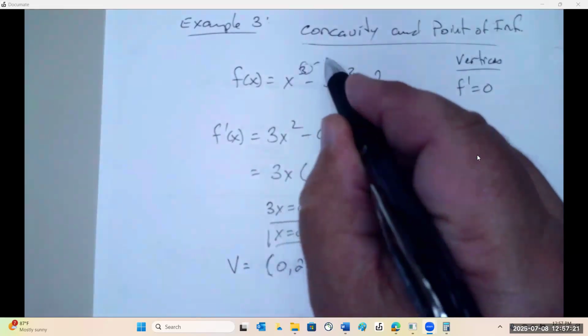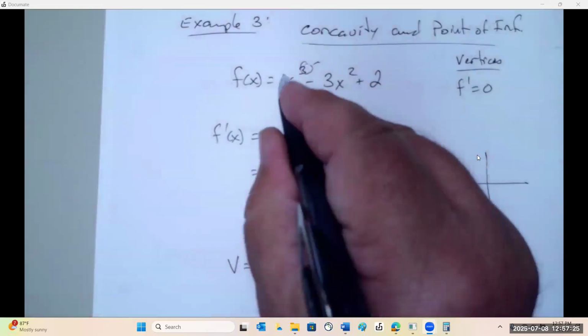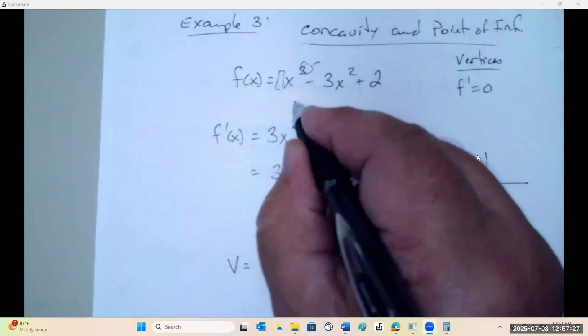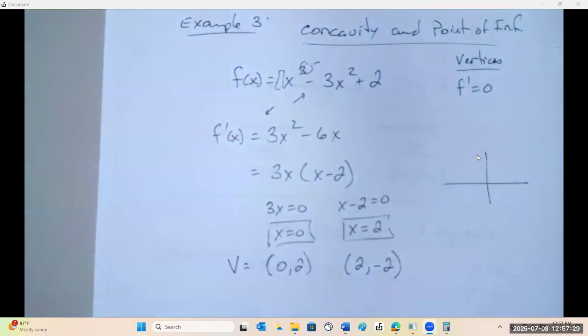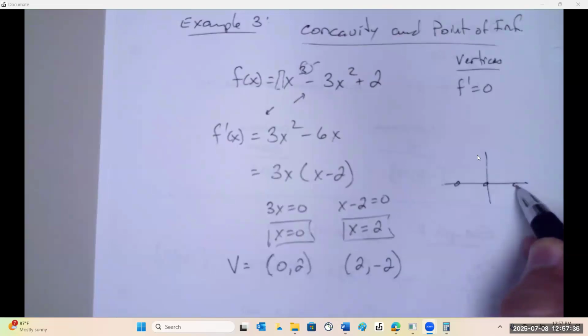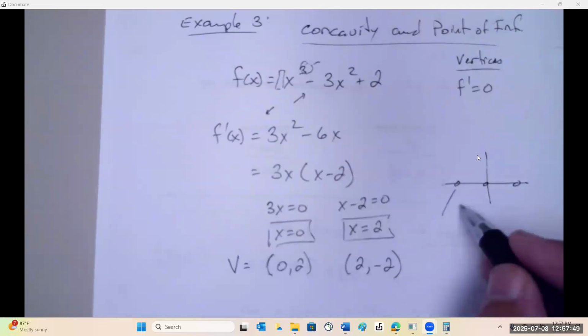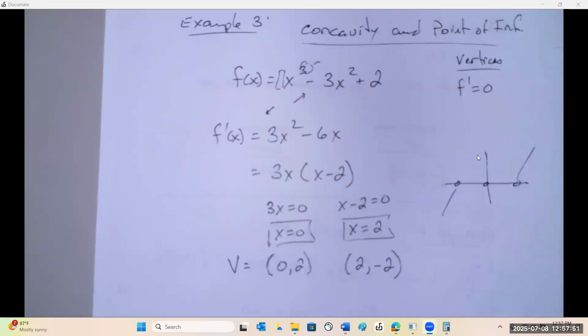Because it's a degree 3, that means both ends point different directions. Since it's positive, the right side points up and the left side points down. Because we have 2 vertices, that means we're going to have 3 x-intercepts, because the number of vertices is always 1 less than the number of x-intercepts. So the graph will look something like this.